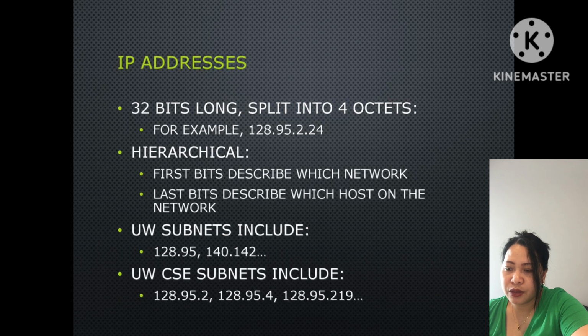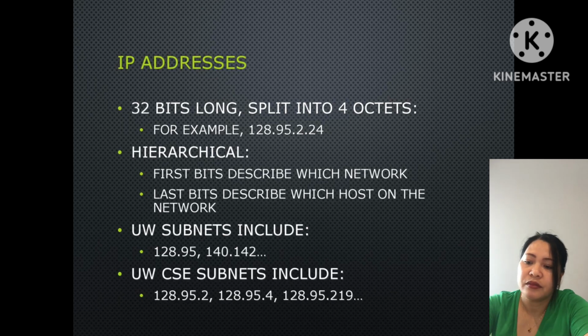The UW subnets include 128.95 and 140.142. The UW CSE subnets include 128.95.2, 128.95.4, and 128.95.219.